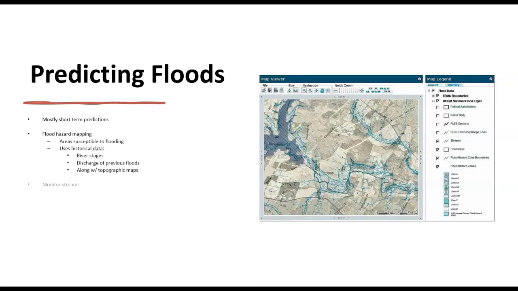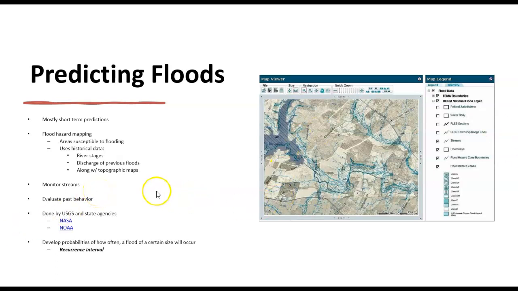And then, of course, can we predict floods? Well, we kind of can. And how do we do that? Well, our favorite thing, we map. We look at past floods. Where has there been flooding in the past? We look at elevations. We know lower elevation areas are more susceptible to flooding than higher elevations. Closer to the stream channel, you're more apt to get flooding.